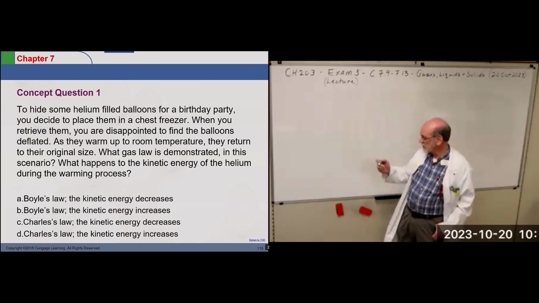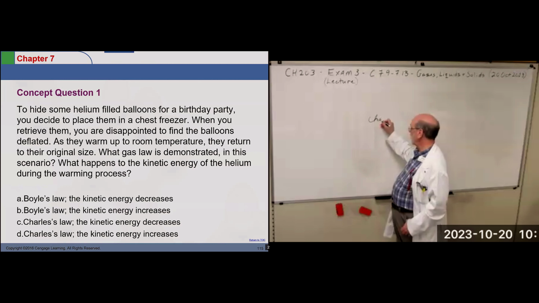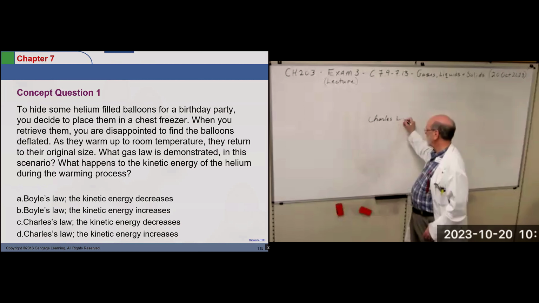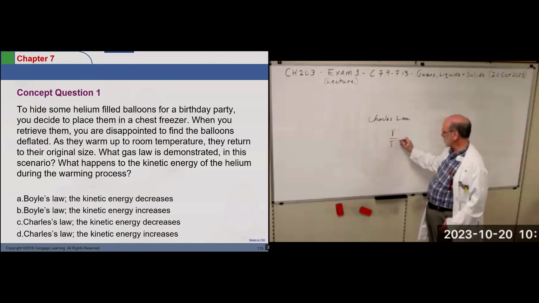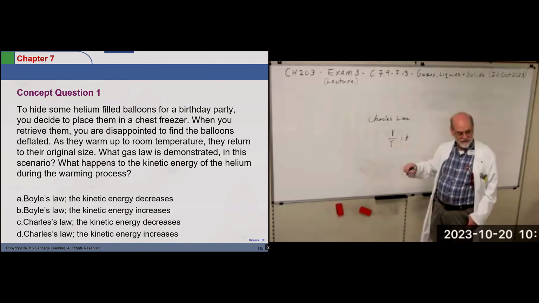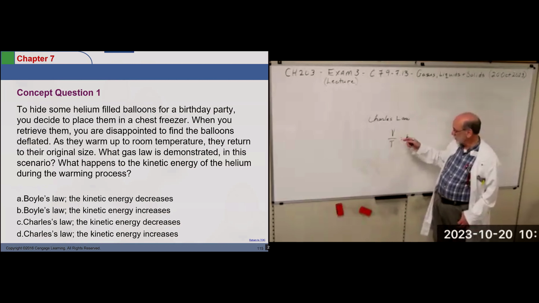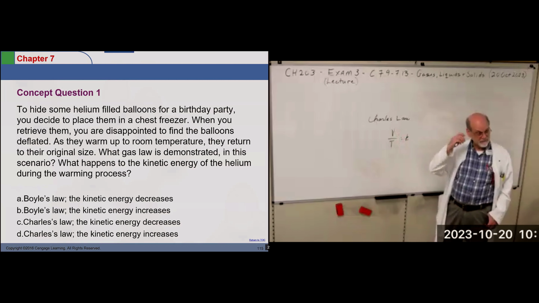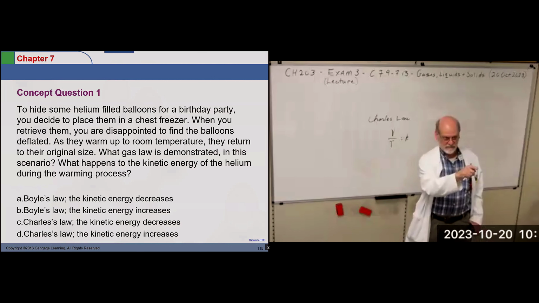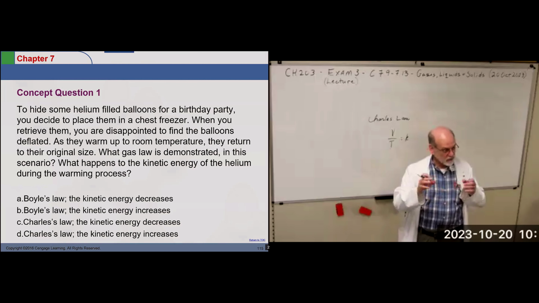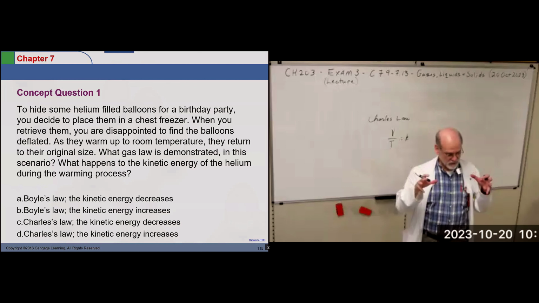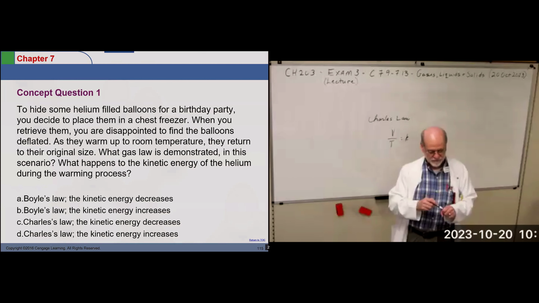That explains Charles' law. Volume over temperature is a constant, so they're directly proportional. If we decrease the temperature, we decrease the volume. And the explanation is that the kinetic energy of the molecules decreases. They're pushing on the balloon with less force, so the balloon shrinks.